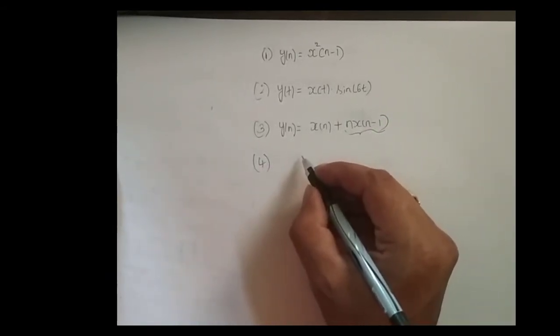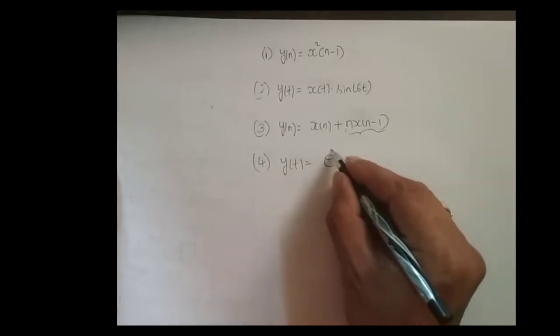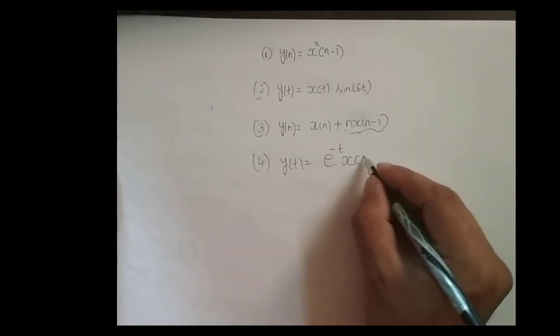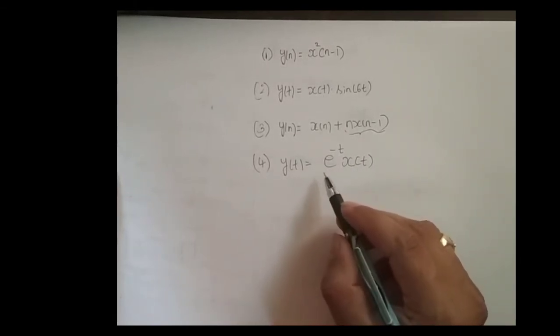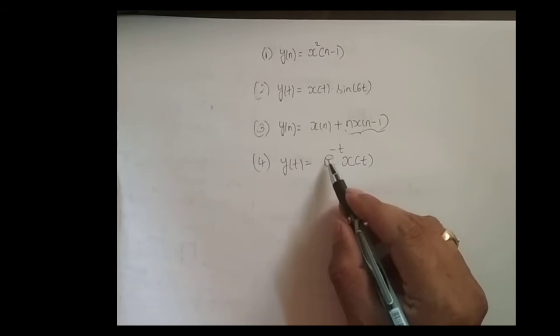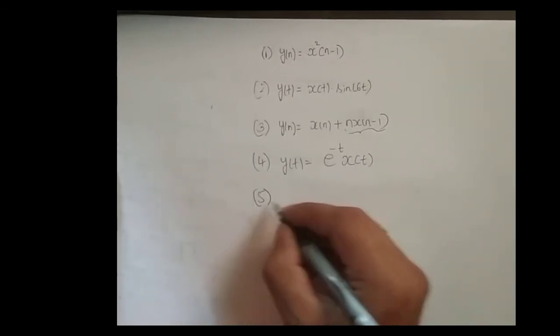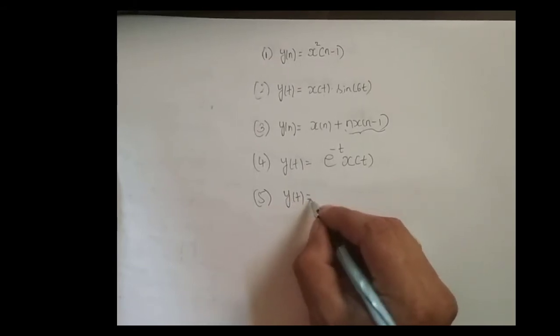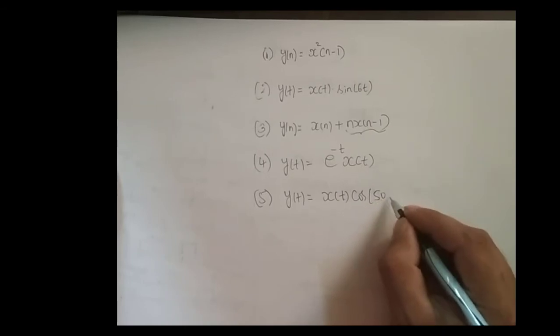Fourth one, y of t is equal to e power minus t x of t. So here, whatever signal you feed, that is x of t, an exponentially decreasing signal is getting multiplied. Y of t is equal to x of t into cos of 50 pi t.